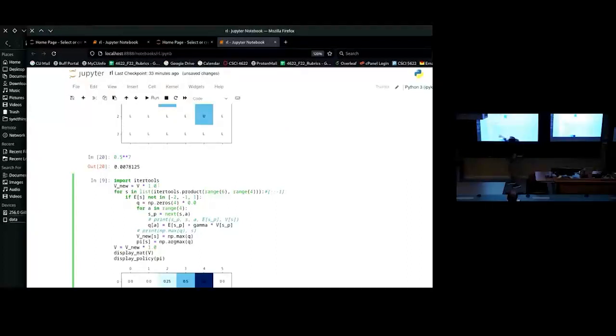So when I'm updating v at each state, this will affect also my next states, okay? In this case, I'm decoupling those. I'm updating the entire value function, and then I'm doing the updates at the end.